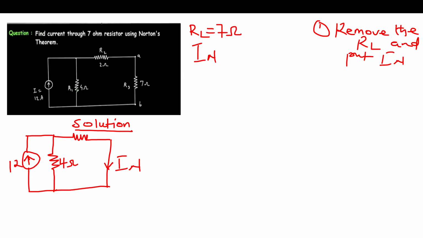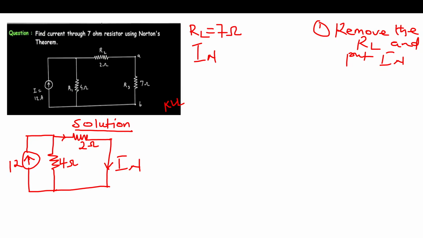So with this, you ask yourself, which technique can I use to solve for IN? As I said earlier, it's not always that you need to use KVL. For example, looking at this question carefully, you realize that IN is the current passing through this 2 ohm resistor here.